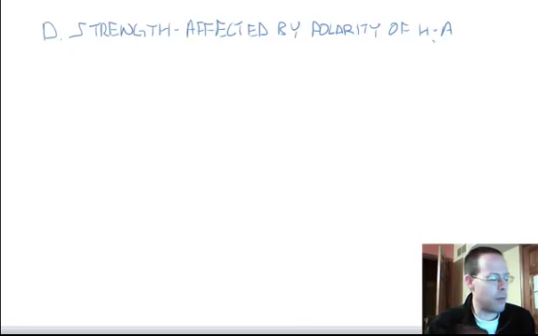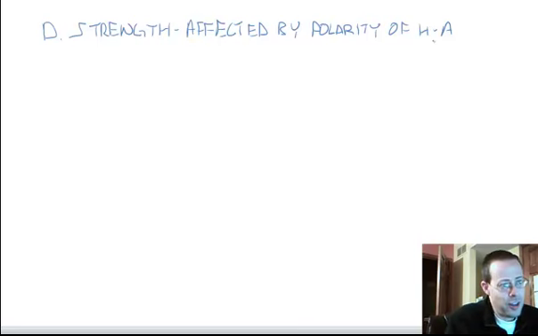Where A is just some random atom, okay? So for hydrochloric acid, A is Cl. If it's sulfuric acid, A is a sulfate ion. But just that bond between H and A, which is the rest of our acid, whatever that acid happens to be, all right? So a couple of rules apply.